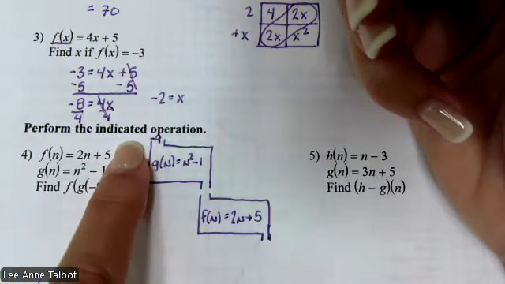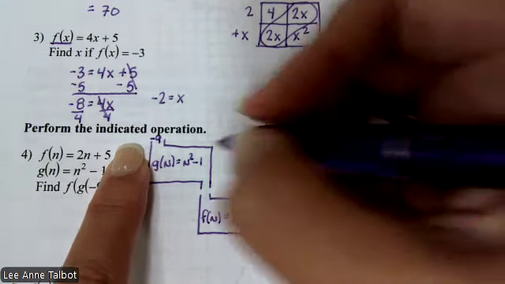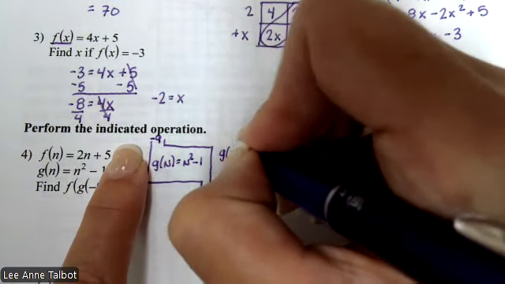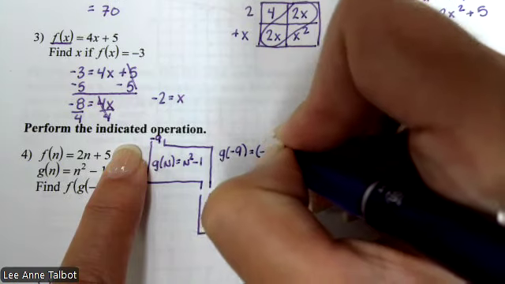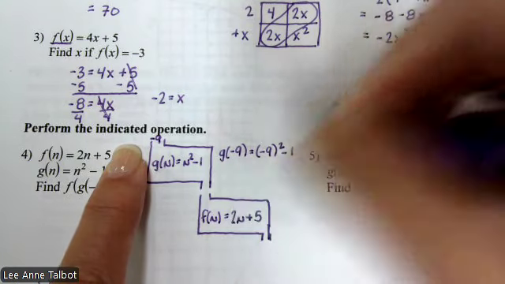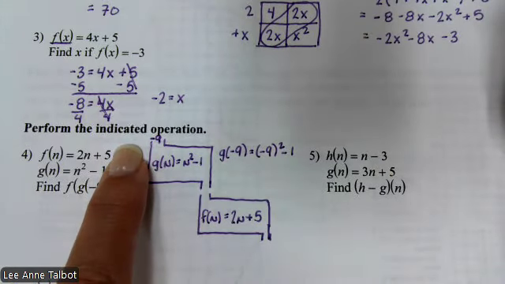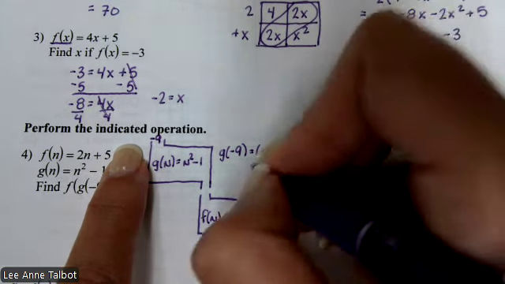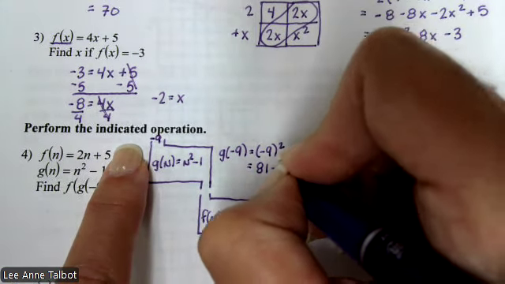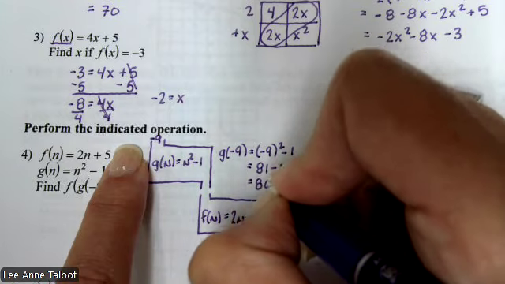Okay, and my input is -9. So I have g of -9. It's -9 squared minus 1, which is positive 81 minus 1, which is 80.